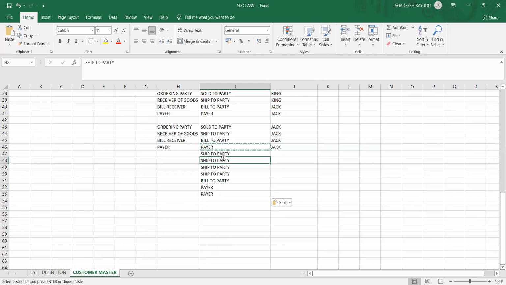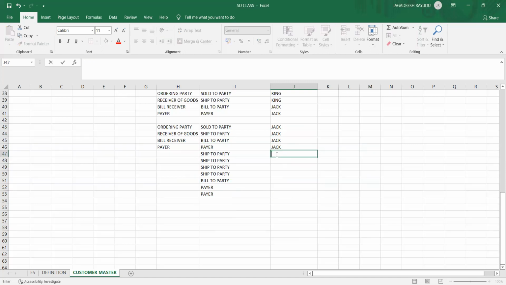In this scenario, Jack is ordering for multiple countries. Assume he has some 10 locations. Ship-to for Jack if it is in France. At some location Sundar is there, at some location his brother King is there.